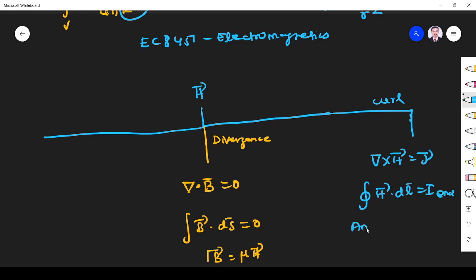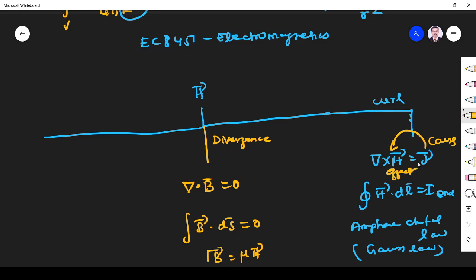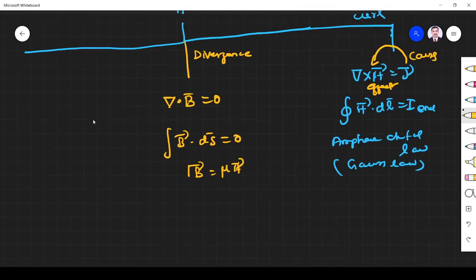This is known as Ampere circuit law, right? Which is equivalent to Gauss law of electric field. So you see del cross H, the curl of magnetic field, is current density. That is again telling us current introduces magnetic field. In any equation, right hand side is cause, left hand side is effect. So current introduces magnetic field.